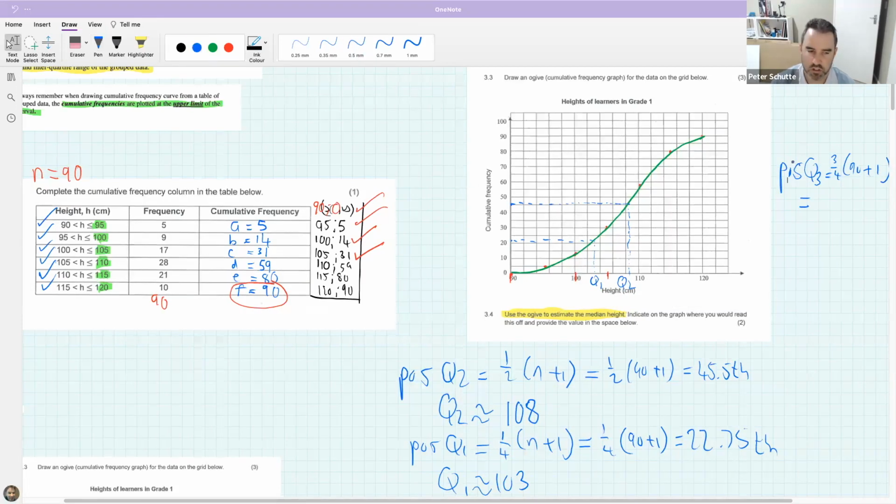What is the position of Q3 going to be? 68.25 is the position. I think I agree with that. Linda agrees. Sate agrees. So that's good news for all of us.